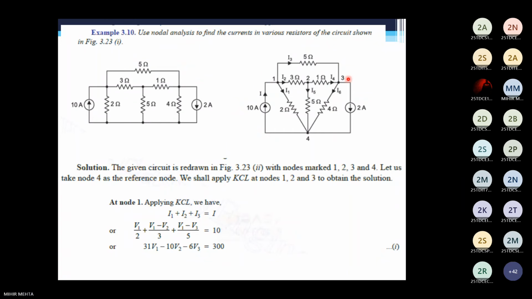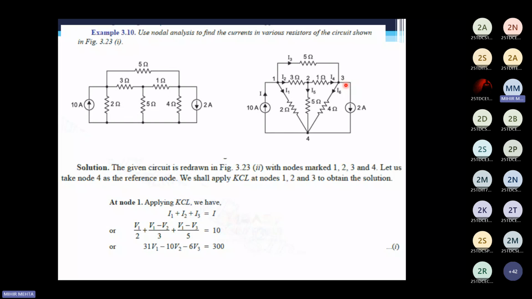So node 3 has four wires connected to it. Now, in these four wires, can you see I3 and I4 are traveling towards the node? That would be the same current leaving the node, that is I6 and 2 amperes. So I3 plus I4 would be equal to I6 plus 2 amperes.